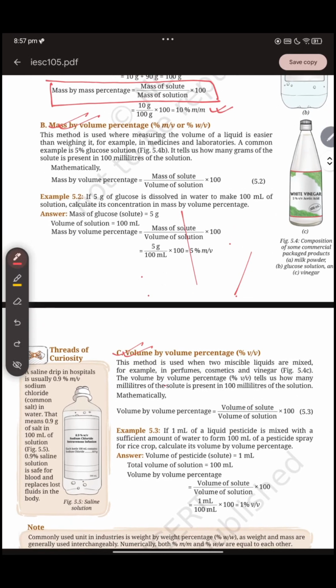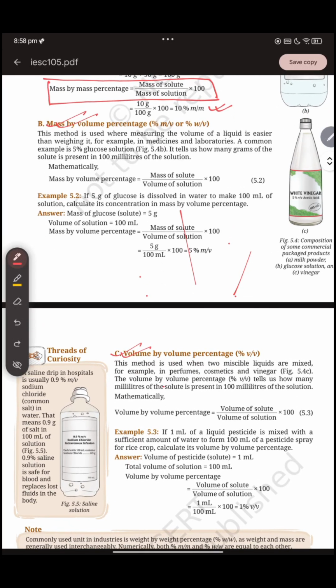Next, mass by volume. That means we are going to take mass of the solute, but we are going to take volume of the solution. That is mass of the solute which is present in 100 parts by volume of the solution. That is, how many gram of the solute is present in 100 milliliter of the solution.